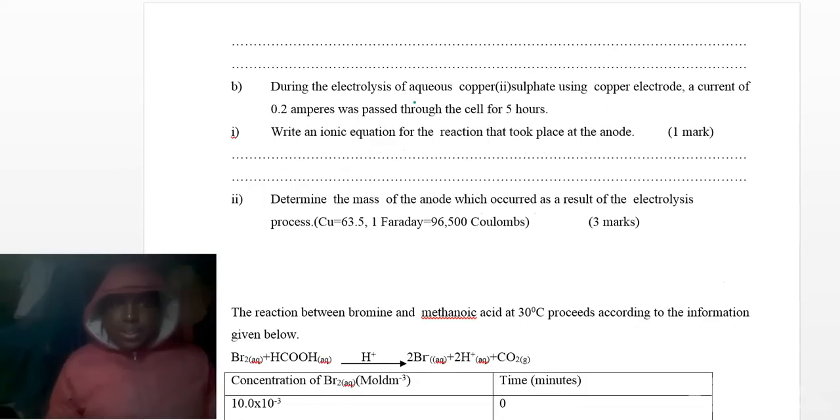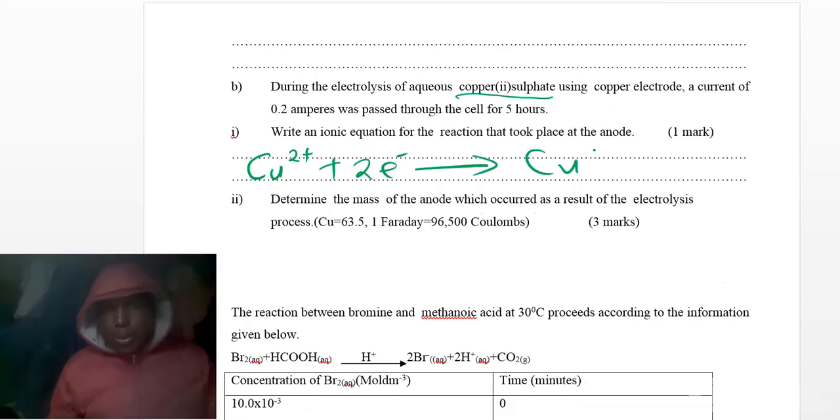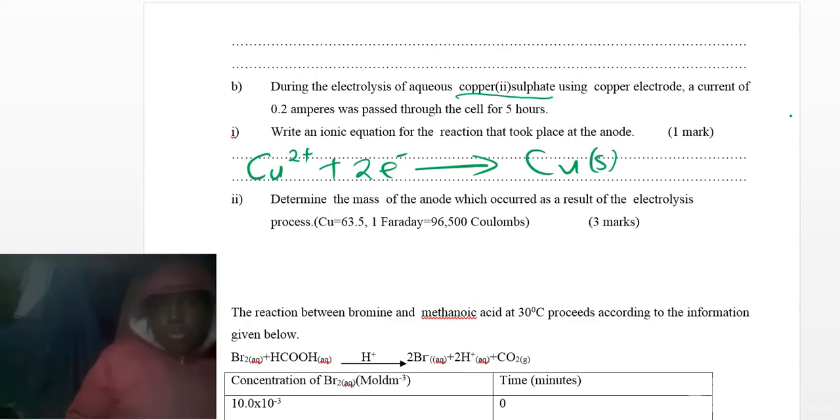During electrolysis, 2 amperes were passed through. Write the equation for the reaction; we are reacting copper 2 here. So the most important thing is the copper ion. Copper 2, which is in a solution, we add 2 electrons to form copper metal. So that is the equation that you need to know how to write.